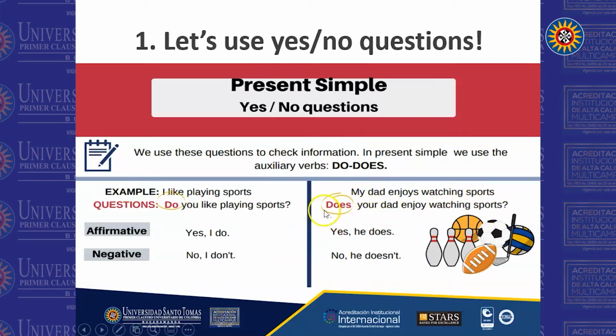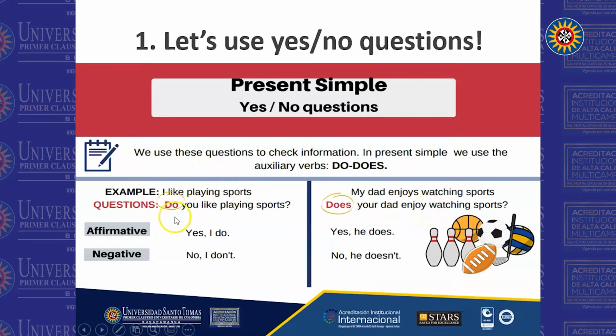We use the auxiliary does because the subject here is your dad, and your dad is he. When you use the auxiliary does, you don't need to use the final s in the verb, right? Every time you use the auxiliary does, you don't use the final s in the verb, right?